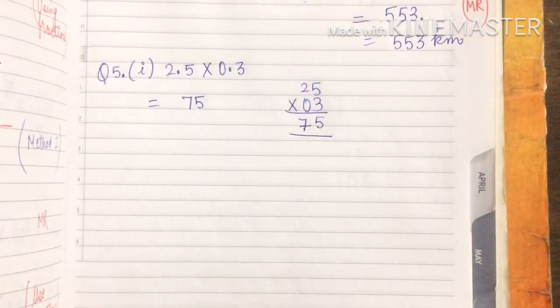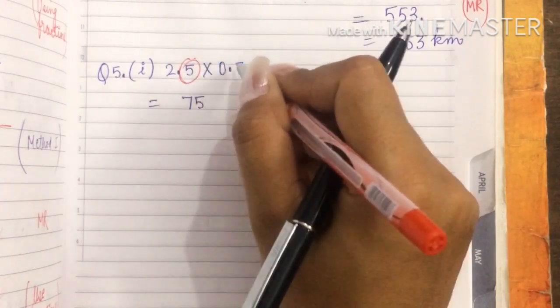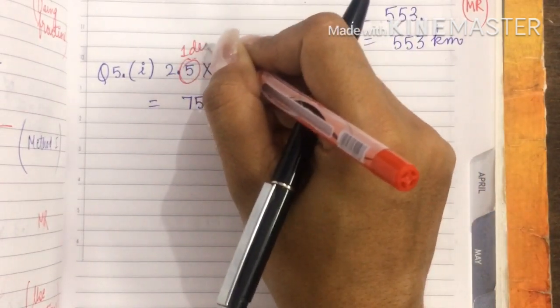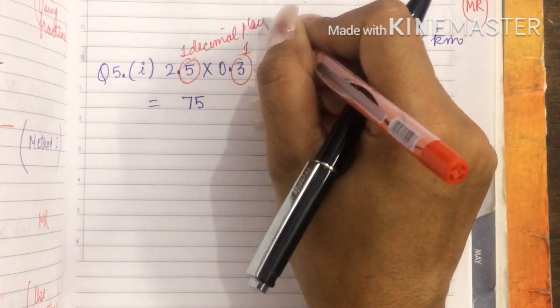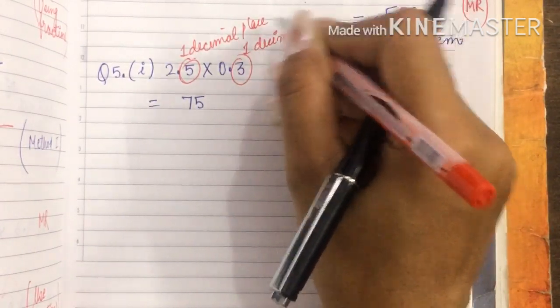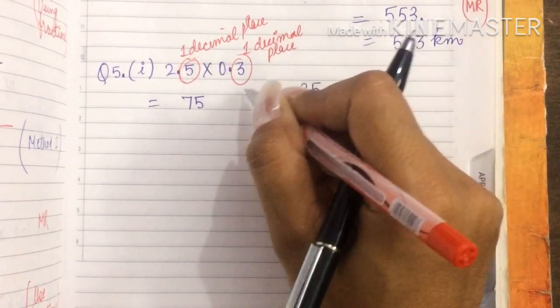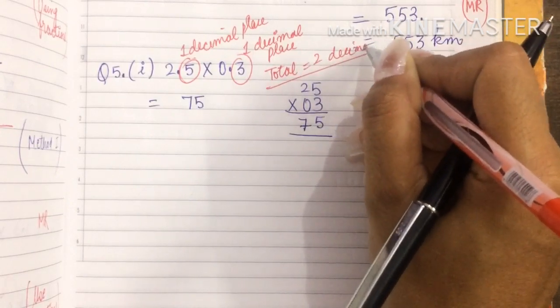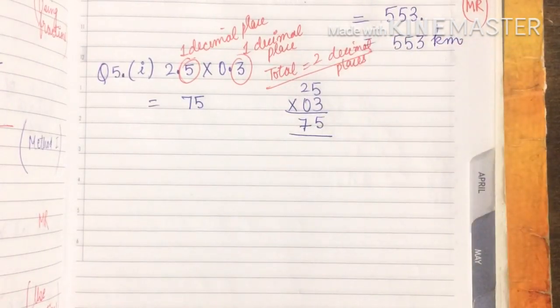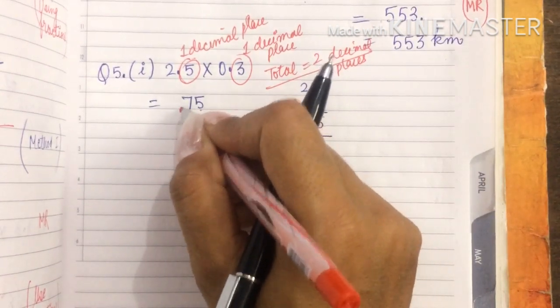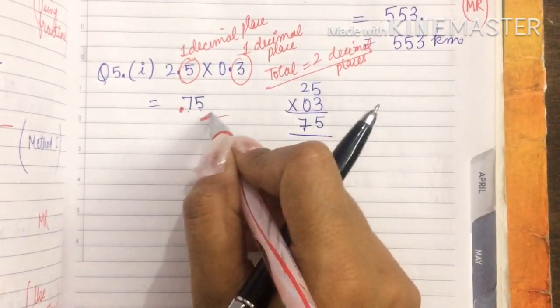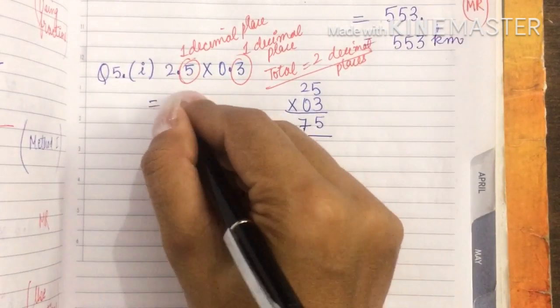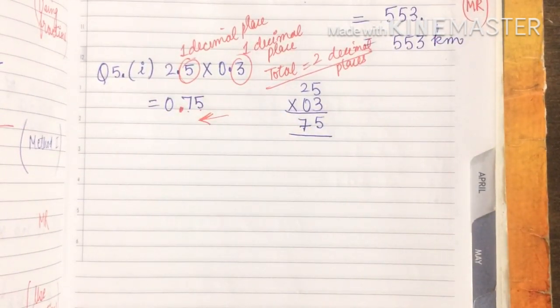To put the point back, I will have to count the decimal places. 1 decimal place, 1 decimal place. Total 2 decimal places. So count from the end, and this can be written as 0.75.